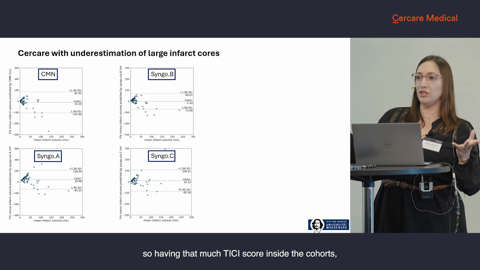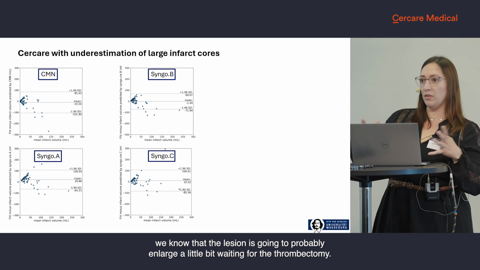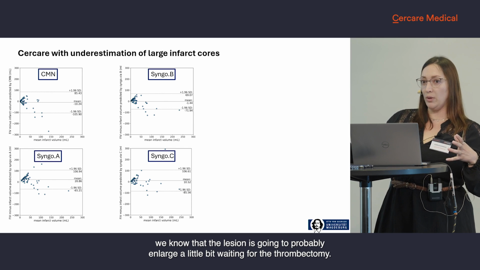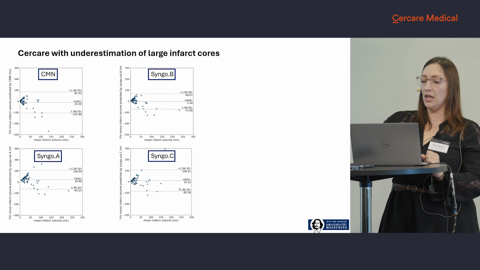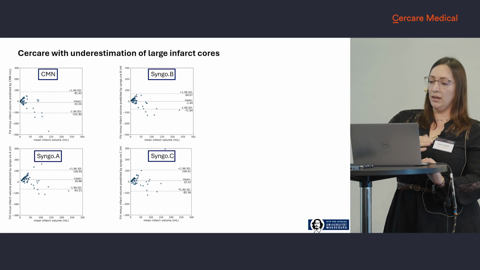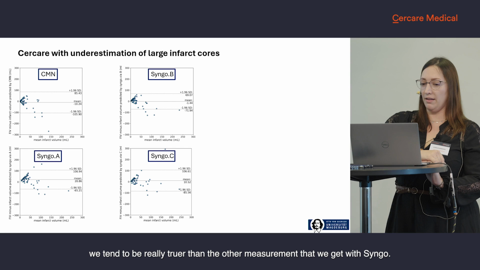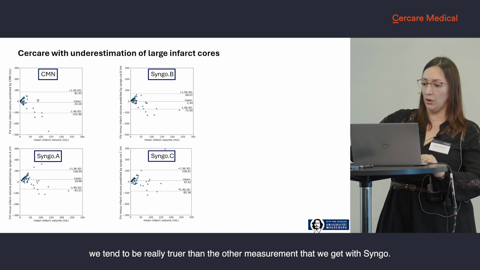So given the high TICI scores that we took inside the cohort, we know that the lesion is probably going to enlarge a little bit while waiting for the thrombectomy. So actually, in the end, we are probably truer than the other measurement that we got with Syngo.